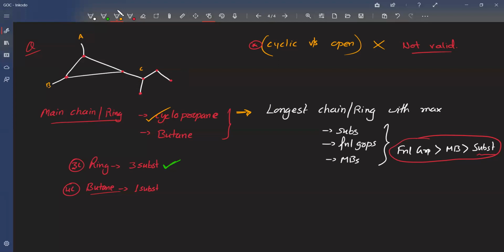Now you have to name the entire compound. So while naming, you can give it a try. Then I'll see if it requires an explanation or not. 1,2-dimethyl, 3, in brackets 1-methylpropyl, cyclohexane.